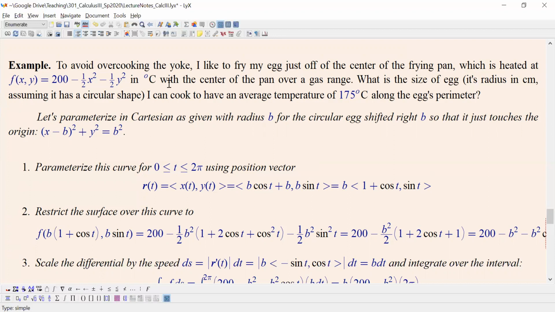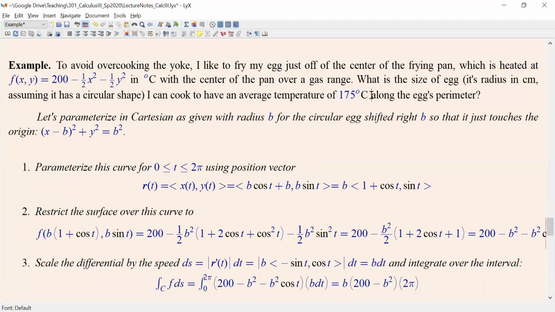So my question is, what is the size of an egg according to its radius, if we think of it like a circular shape cooked on that pan? What is the size of egg I can cook to have an average temperature, not in the egg, but along the egg's perimeter of 175 degrees Celsius?